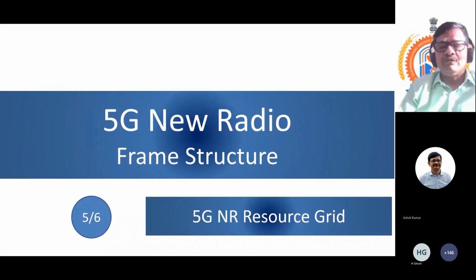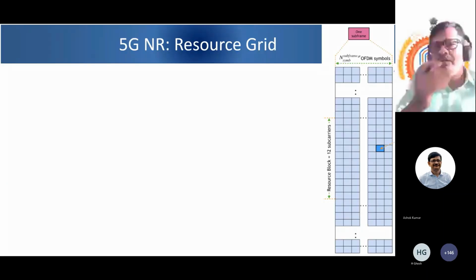Okay, now the concept of resource grid and the concept of scheduling. Next two portions I'll be covering, and then we'll finish it by 5:30. So first of all, let us understand what a resource grid is. Just see the picture on the left side.